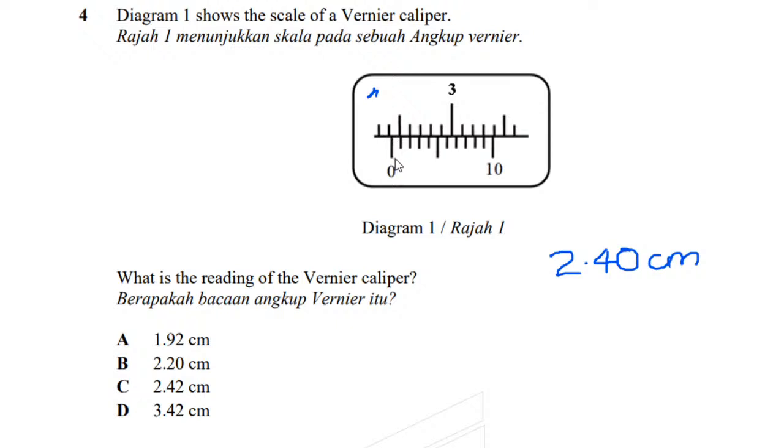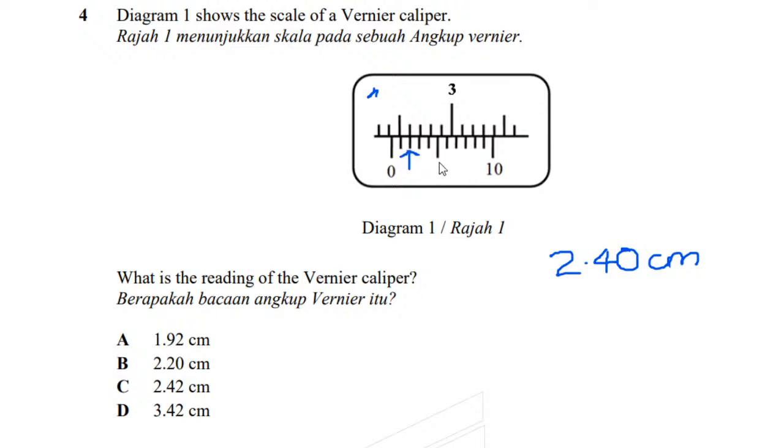And then you look at the vernier scale. Which line is in line with the main scale? You can see from here, this is not in line with any of the scale. The second one, number 2, is in line.